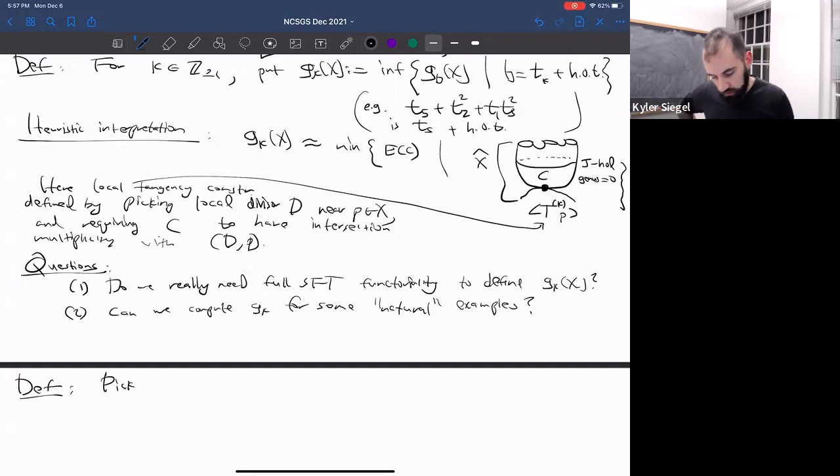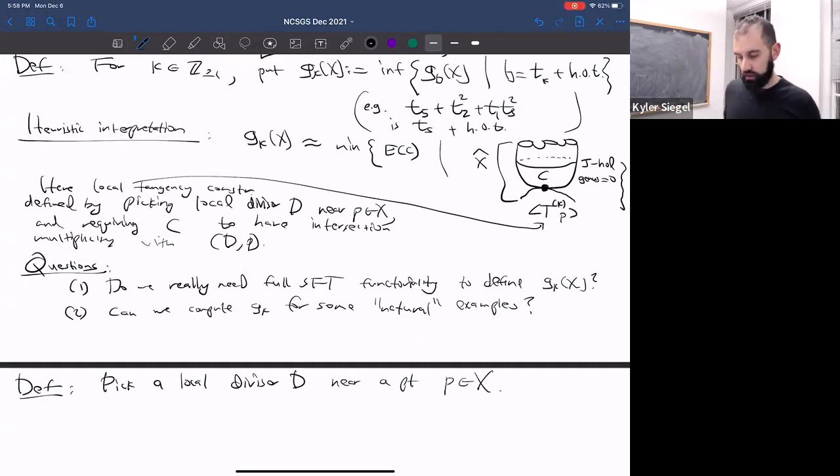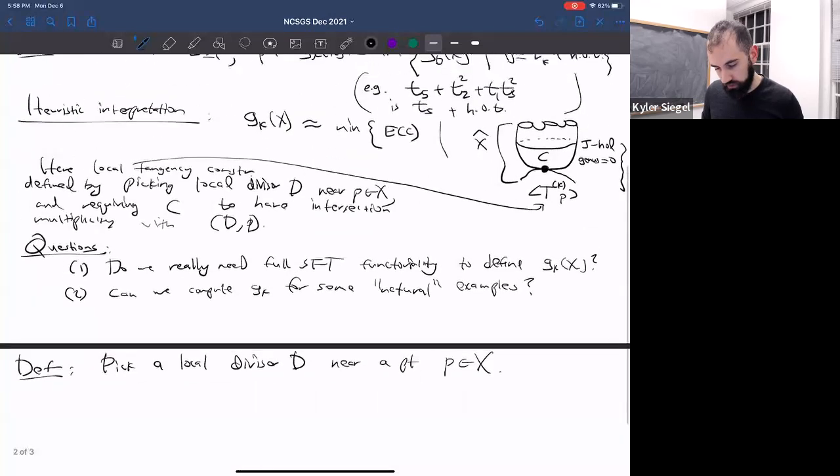So what we do is pick a local divisor, just as with the definition of this local tangency constraint, a local divisor D near some chosen point P. And I'm going to assume X here is a Liouville domain, to define the capacity for a Liouville domain. And then let's define GK tilde.